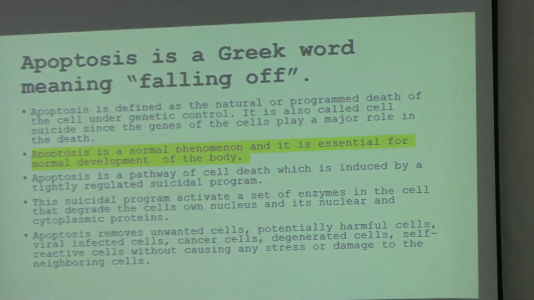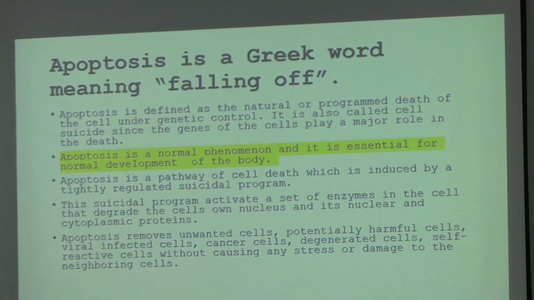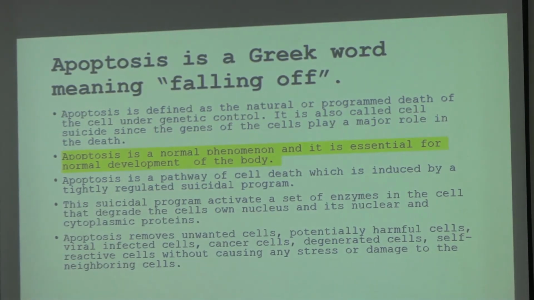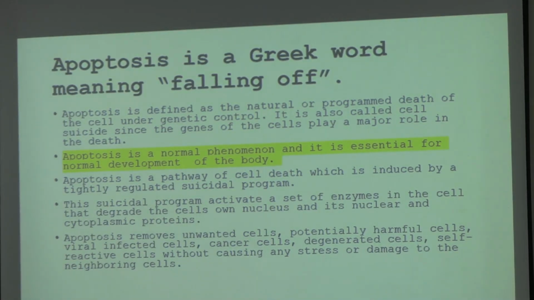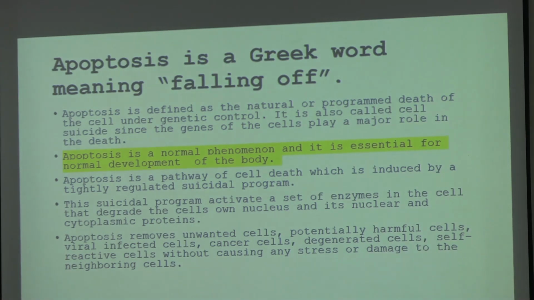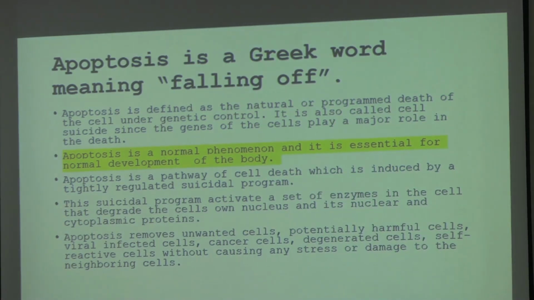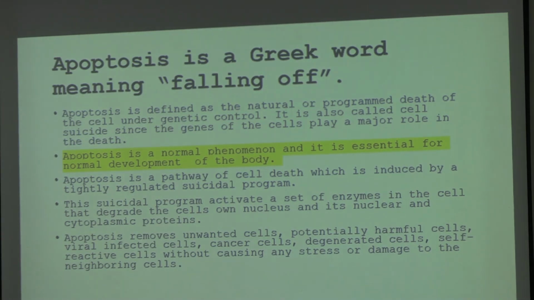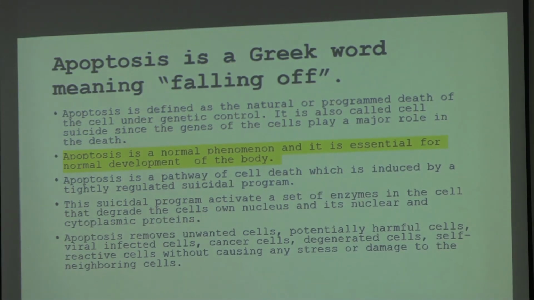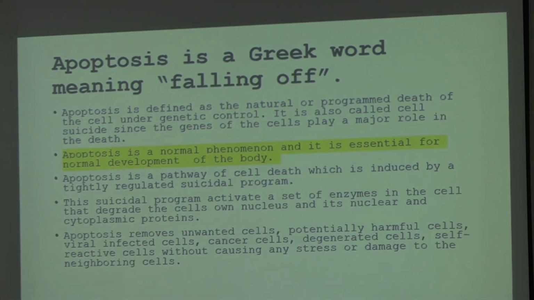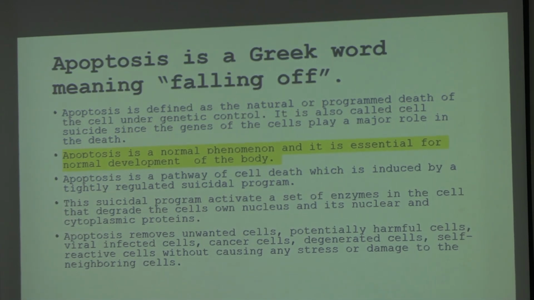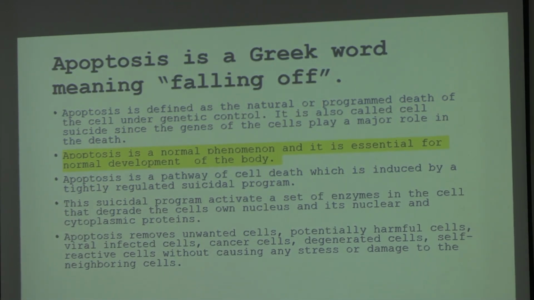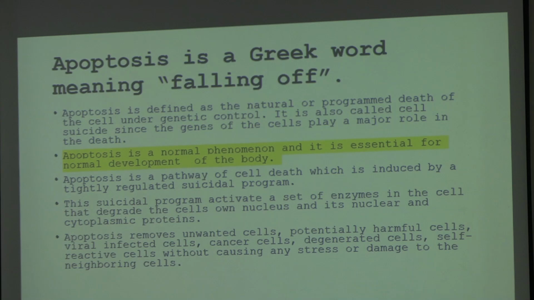So as I said, it means falling off. This is the definition, and apoptosis is a normal phenomenon. It's not an abnormal phenomenon. It is essential for normal development of the body. I will explain how it is essential. Apoptosis is a pathway of cell death which is induced by a tightly regulated suicidal program.